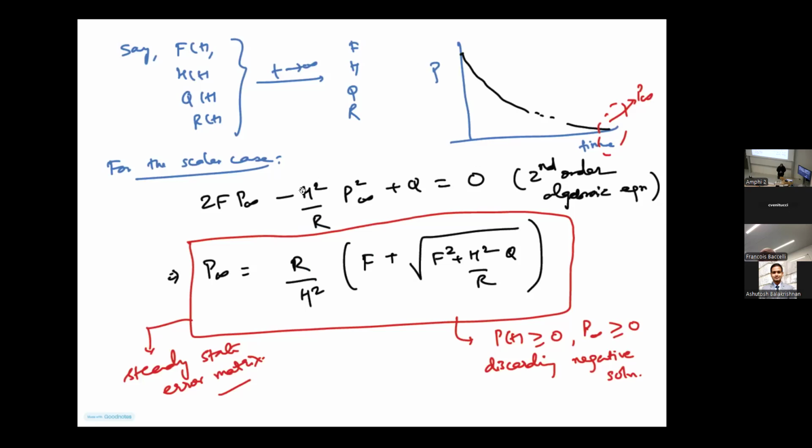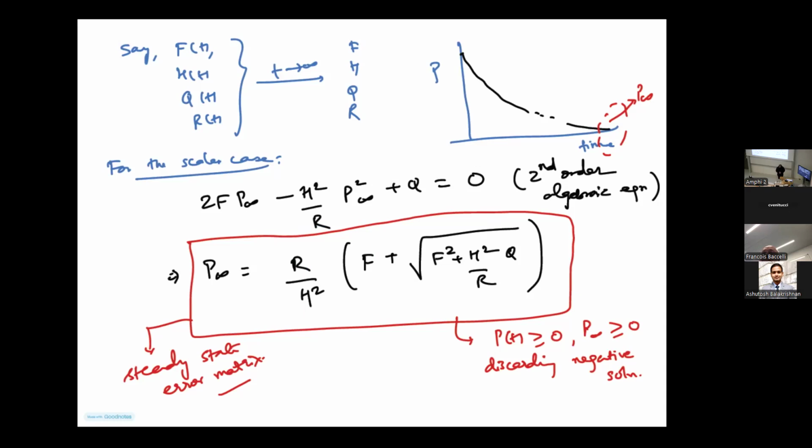So what we observe is that at the steady state, and for a scalar case, all our variables are algebraic variables. And if we solve the Riccati equation, which is a second order algebraic equation, P infinity comes out to be this expression.